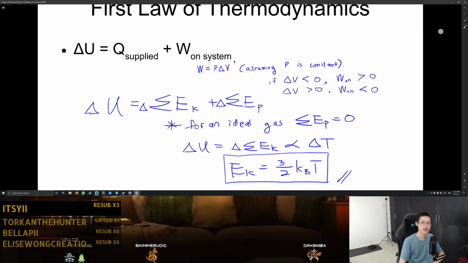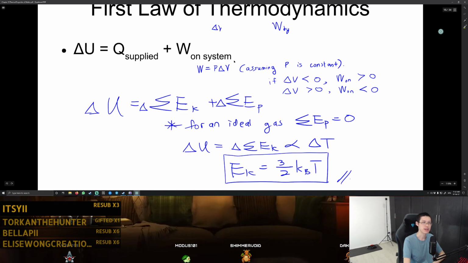Okay, and another term that you have to know is something called the work done by the system. So if your volume is decreasing, that means the work done by the system is going to be negative.